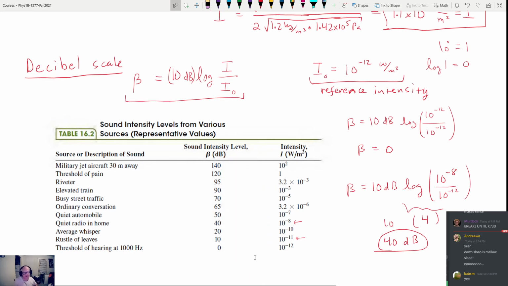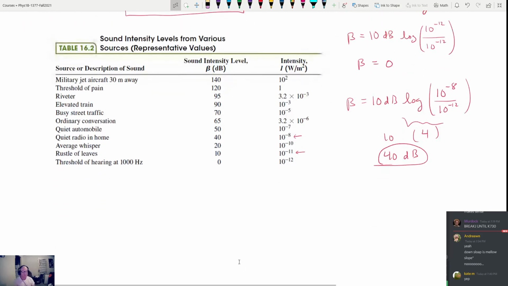So here's the first question we can ask about this. Suppose that I have a machine, okay? And I'm in some kind of machine shop. So I've got a machine right here. And let's say it's a really loud machine. Let's say this machine is producing 70 decibels of sound intensity, okay?